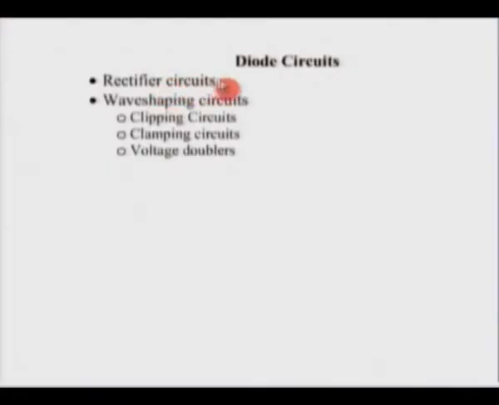Now, diodes, we are all familiar with. The most popular and the most common use of a diode is as a rectifying device, and we are familiar with both half wave rectifier and full wave rectifying applications.